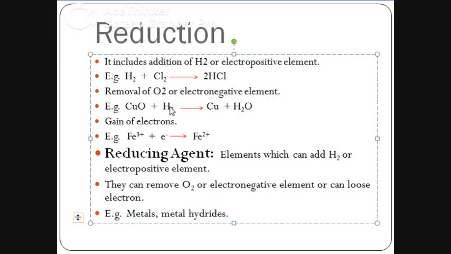First, addition of hydrogen or electropositive element. Here hydrogen is considered to be electropositive as compared to oxygen on the basis of reactivity. Second, we can see that in copper oxide, oxygen is removed, so it is removal of oxygen or electronegative element.